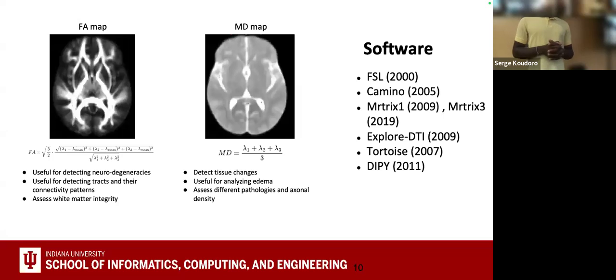Then in 2005, you have Camino as a software, also from London in the UK. Then arrived TORTOISE in the USA from NIH, the National Institutes of Health, for people who don't know. Then you have MRtrix from Australia, who came into the game. And Explore DTI, who also arrived, but by bringing a more user-friendly interface.